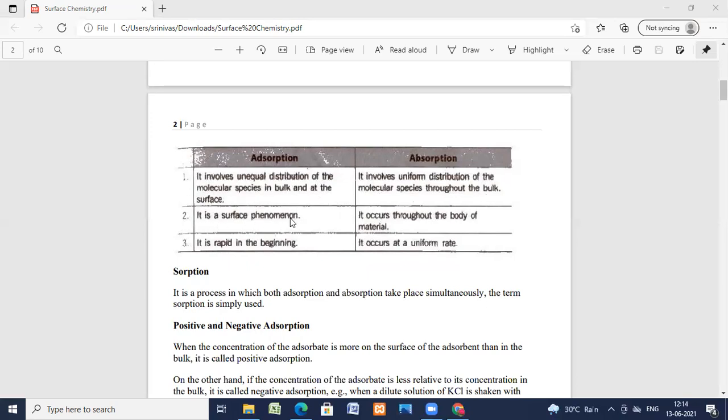Adsorption is a surface phenomenon, whereas absorption occurs throughout the body of the material. Adsorption is rapid in the beginning, but absorption occurs at a uniform rate.